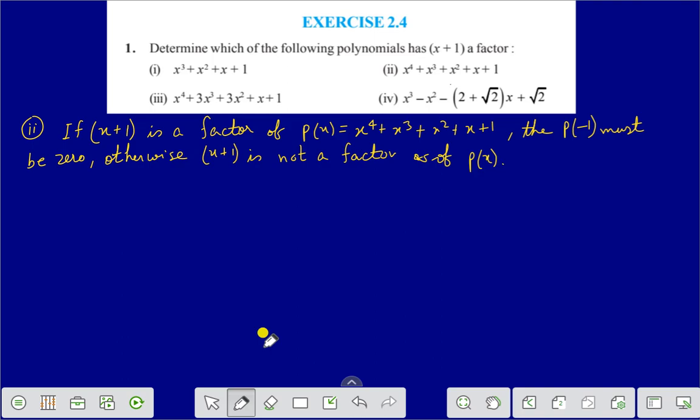Here you see, if x plus 1 is a factor of p(x), x to the power 4 plus x cube plus x square plus x plus 1, then p(-1) must be 0. Otherwise x plus 1 is not a factor of p(x).